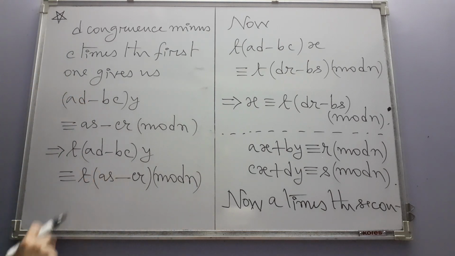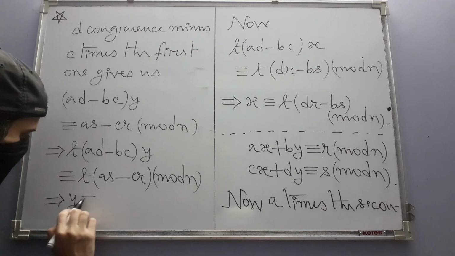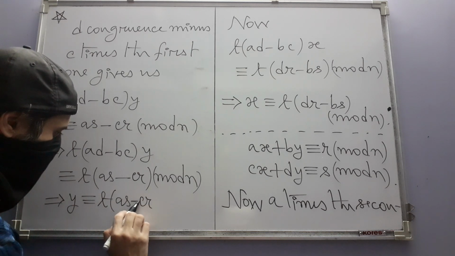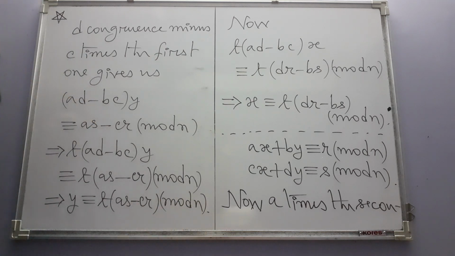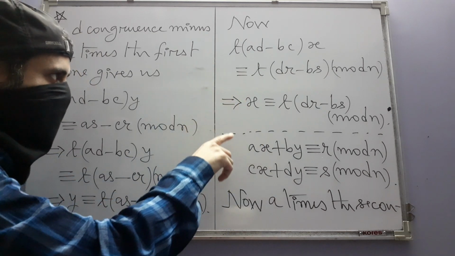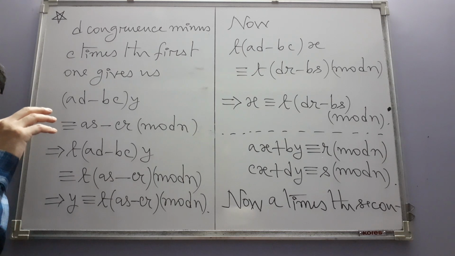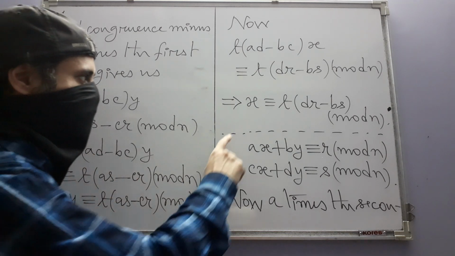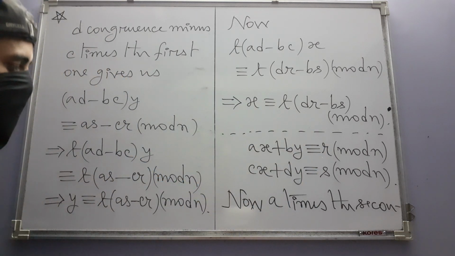And T times this is congruent to 1 mod N, so we get this, minus CR mod N. So that's how we know that because of that condition that AD minus BC and N are relatively prime, our system of congruences has a solution whose X part looks like this and Y part looks like this.